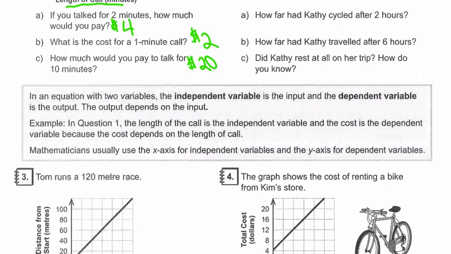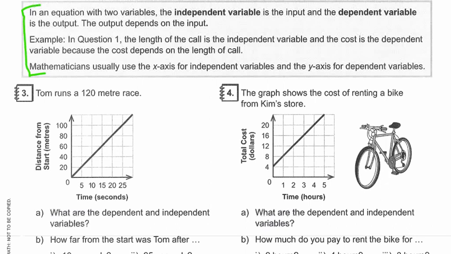It says in an equation with 2 variables, the independent variable is the input and the dependent variable is the output. The output depends on the input. So dependent means it relies on the input. Let's look at this example.